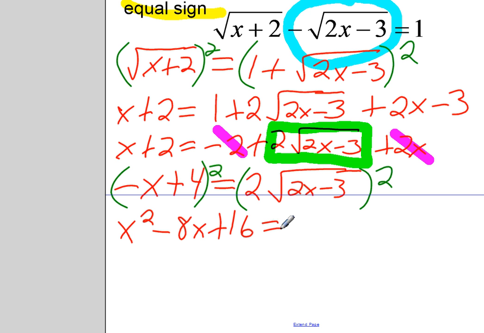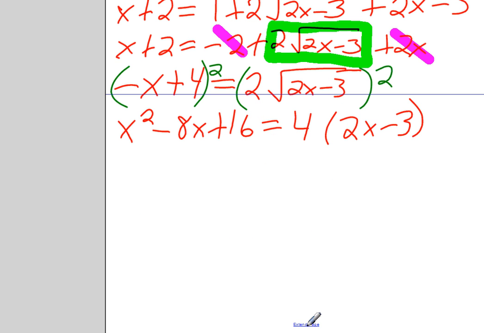On the right-hand side, the 2 and the radical 2x minus 3 is all one term, so I don't have to worry about the formula right now. So I've just got 2 squared is 4, and then everything inside the radical to the power of 2 is 2x minus 3. I'm going to distribute on the right-hand side.